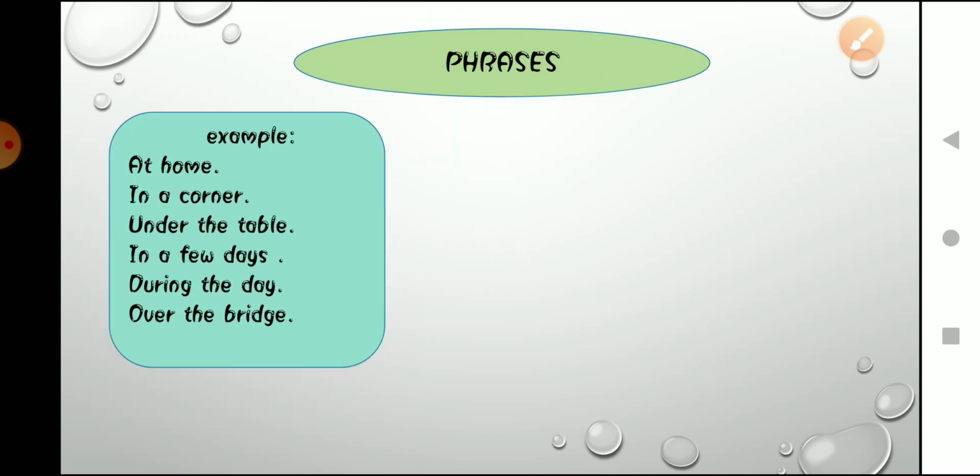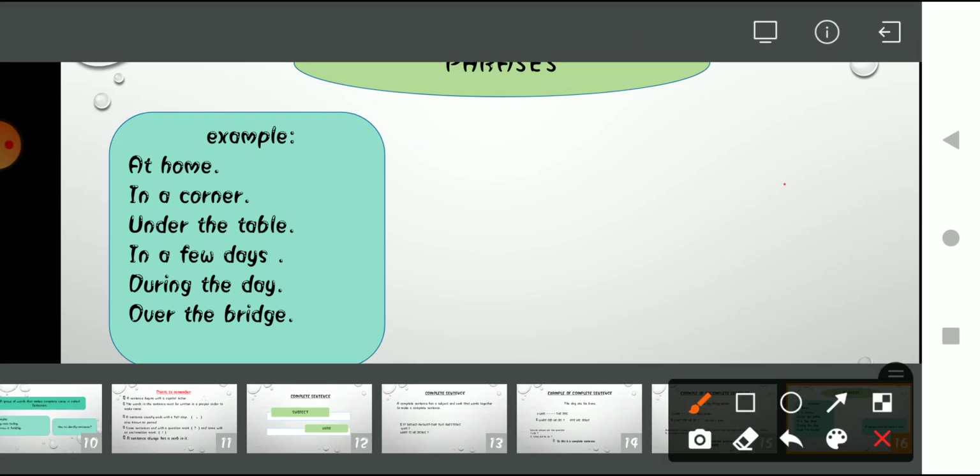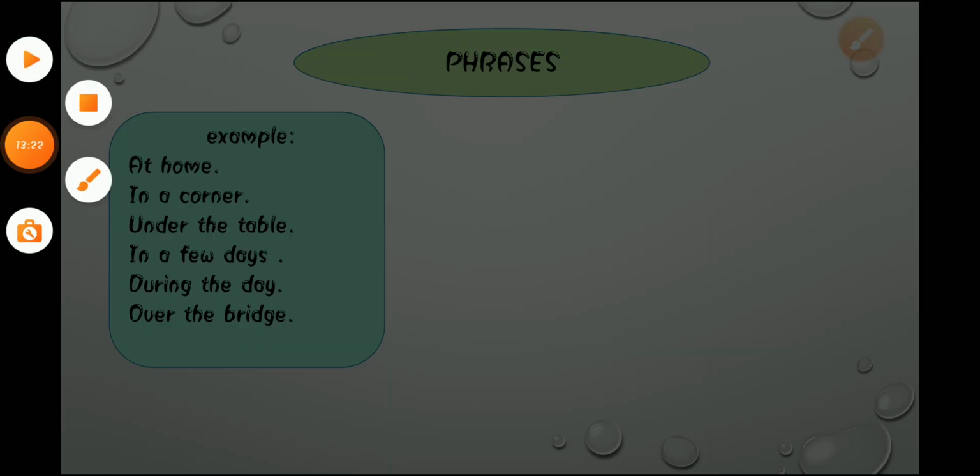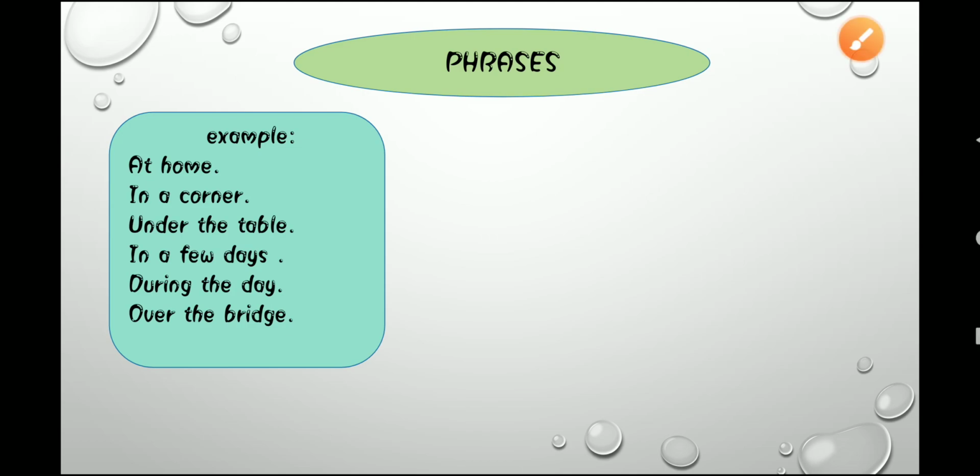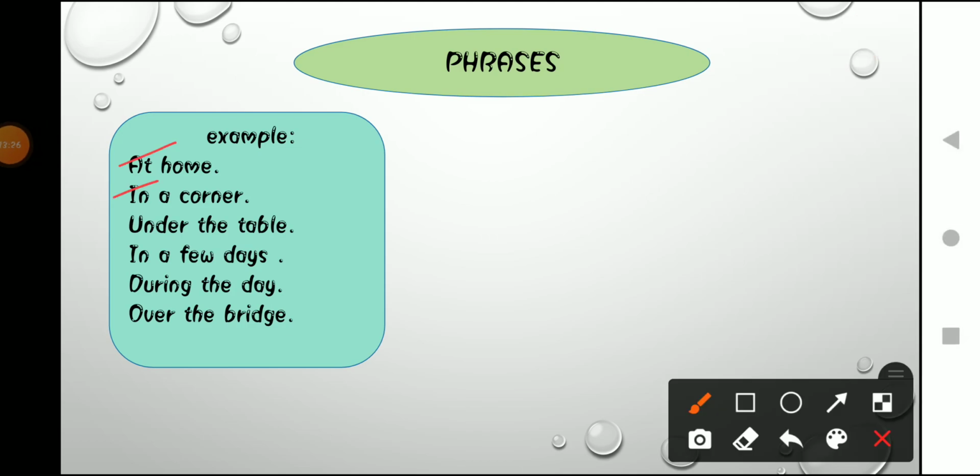For example, if I say at home, in a corner, under the table, in a few days, during the day, over the bridge, all of these are groups of words, right?